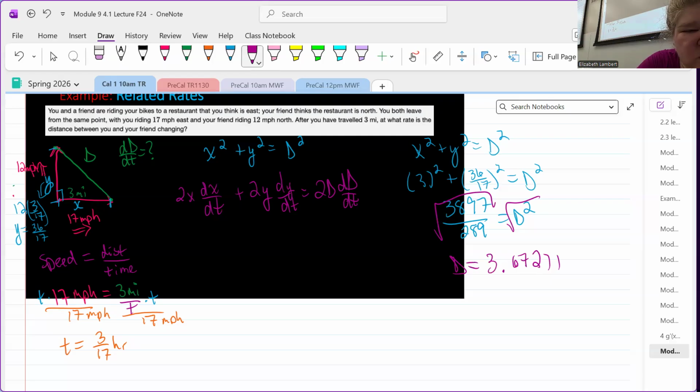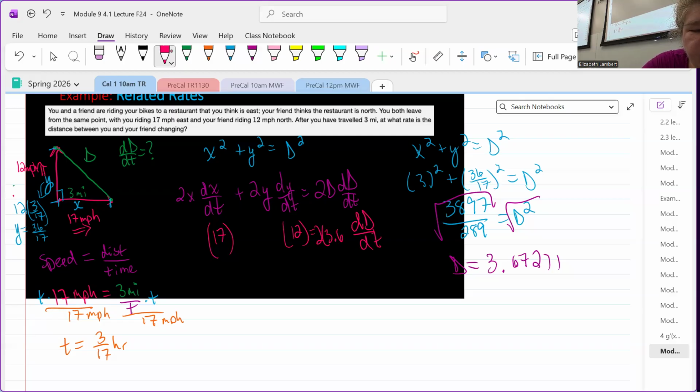I've got my rate of change for X and Y. So we're going to fill those pieces in. And this is where we're going to make a lot of use of our calculator.